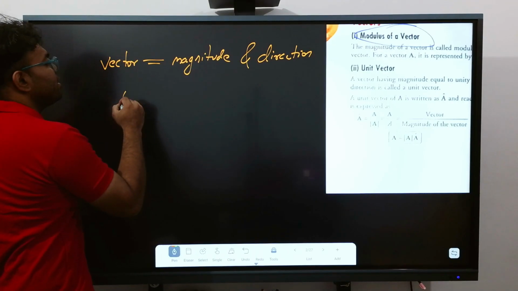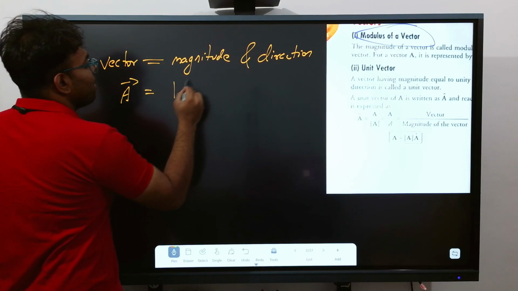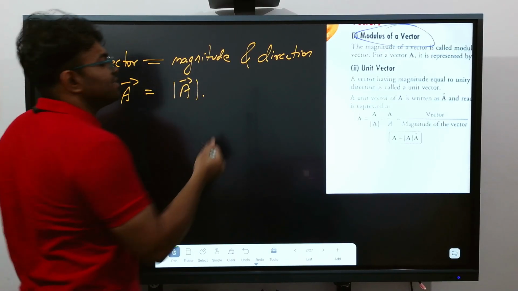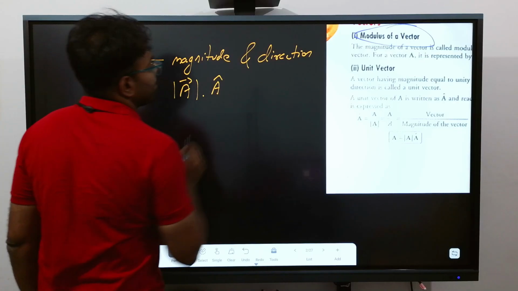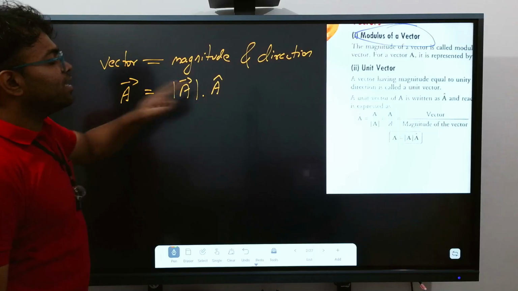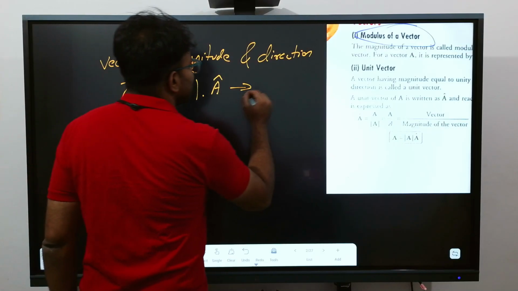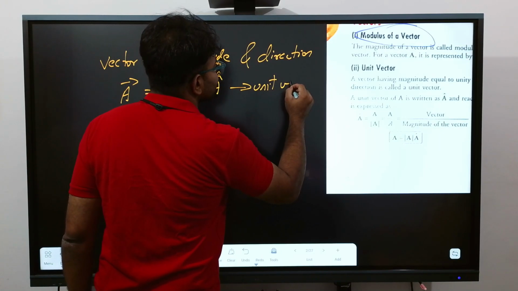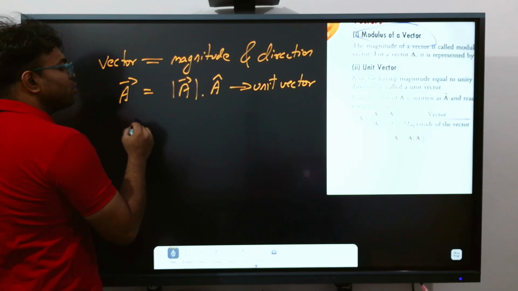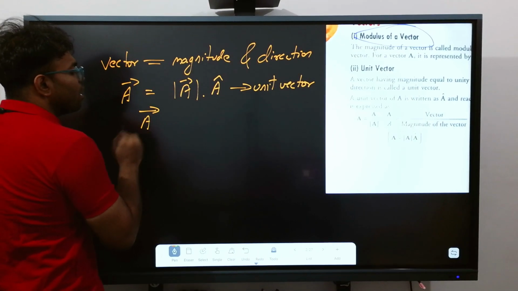So I can write a vector as the magnitude of the vector times the unit vector, which is represented by a cap. This cap on top of a letter represents the unit vector. Now the unit vector becomes equal to the vector upon the magnitude.